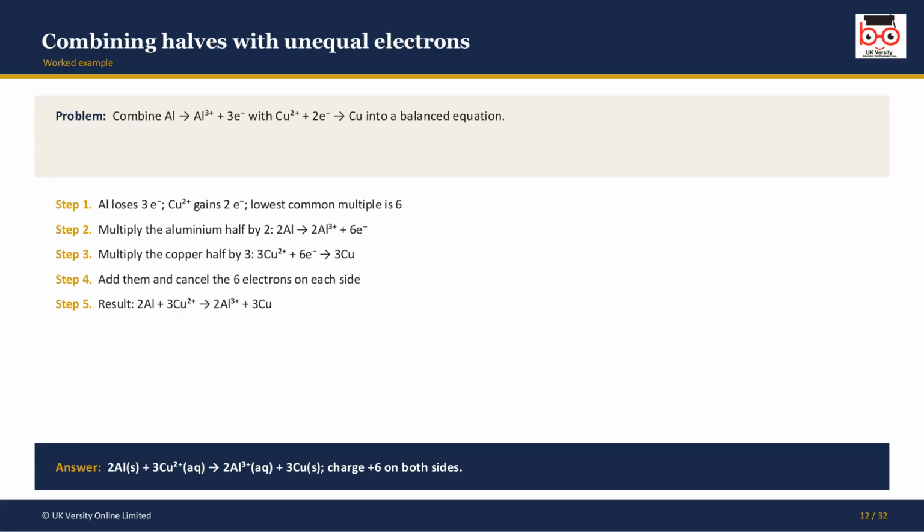So we multiply the aluminium half by 2, giving 2 aluminiums to 2 aluminium 3+ ions plus 6 electrons, and the copper half by 3, giving 3 copper 2+ ions plus 6 electrons to 3 coppers. Add them, cancel the 6 electrons on each side, and we get 2 aluminiums plus 3 copper 2+ ions goes to 2 aluminium 3+ ions plus 3 coppers, with a charge of +6 on both sides.